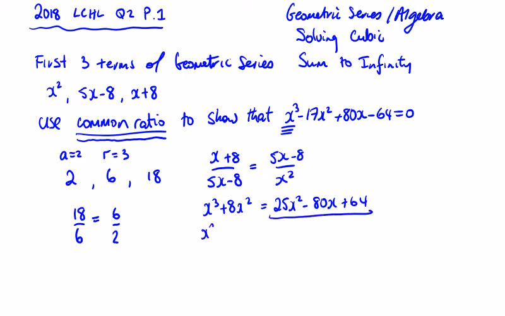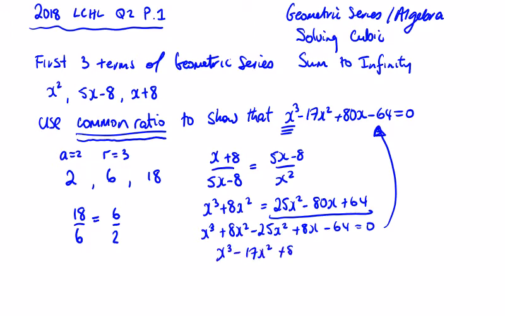We're going to get x cubed plus 8x squared minus 25x squared plus 80x minus 64 equals 0. And you can see that it's going to match off with this. We're going to get x cubed minus 17x squared plus 80x minus 64 is equal to 0.